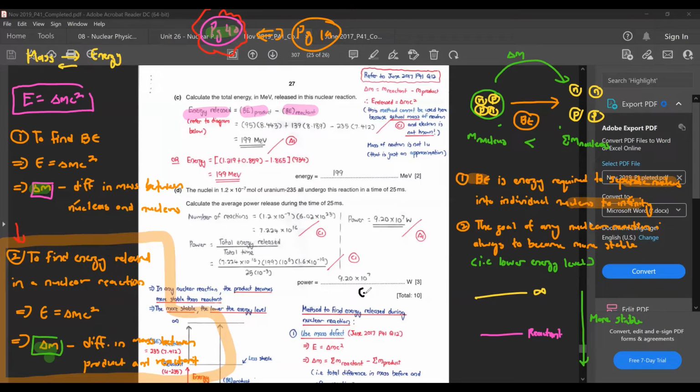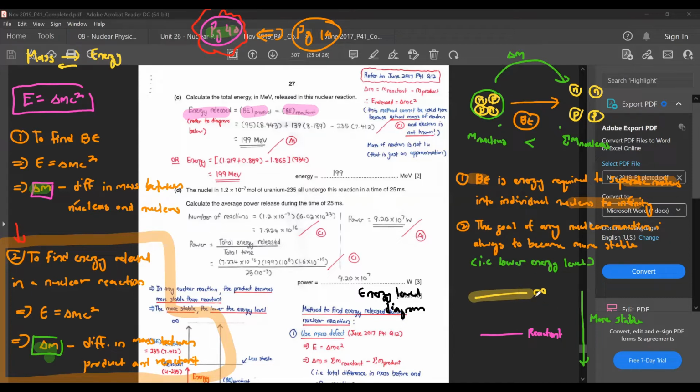You can just think of this as your energy level diagram. You've probably seen this in chemistry before. The top one is usually the energy level at infinity. You normally see this when you're talking about the energy level of electrons in chemistry. So the topmost one usually is at infinity.